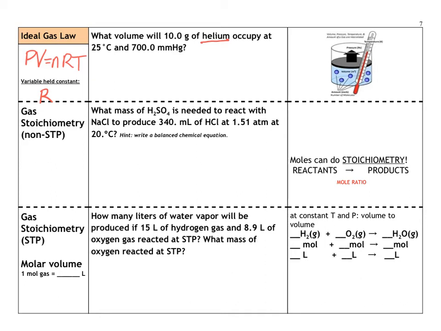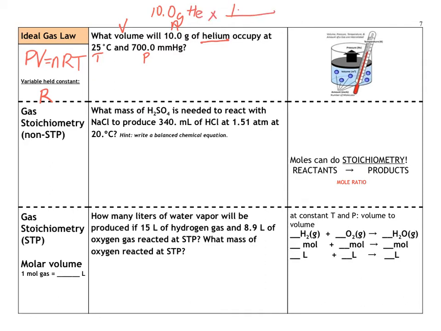So looking at what's given to us, 10.0 grams, this is representing moles because we can convert grams to moles quite easily. Now we have T here, we have P here. So we're quite familiar with everything, and we're trying to solve for V. And so we're going to first take our 10 grams of helium and convert it to moles.